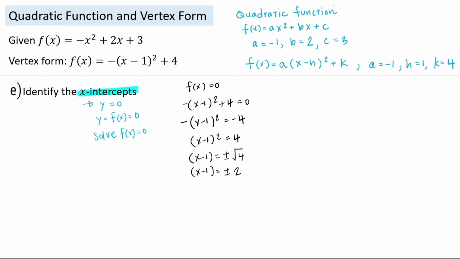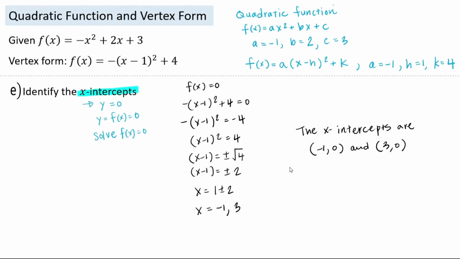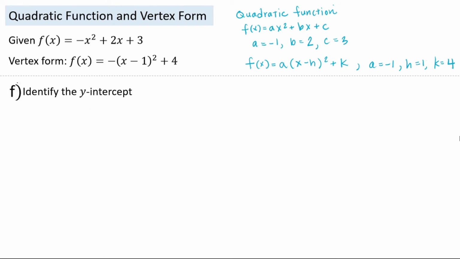By adding 1 on both sides, we get x is equal to 1 plus minus 2. So x is equal to -1 and 3. The x-intercepts are (-1, 0) and (3, 0). Let's find the y-intercept.